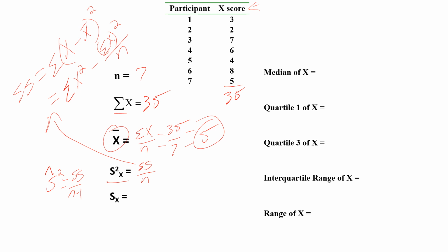So let's take each of these x scores and square them. So we get 9, 4, 49, 36, 16, 64, and 25. Now we can sum all of those together. What do we get? 190, 203.